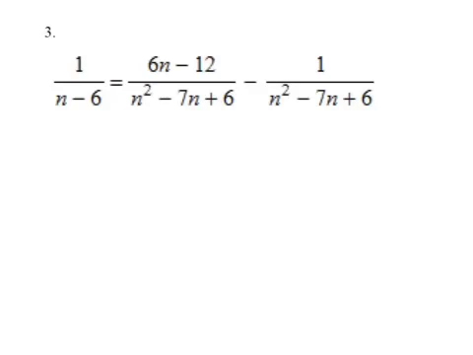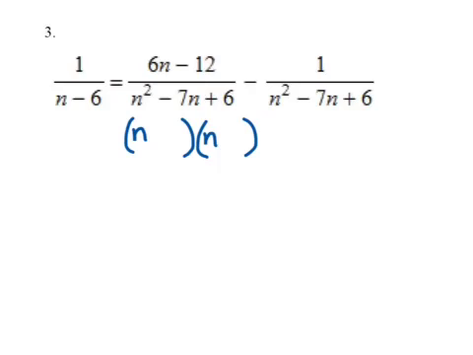So let's recall how to factor a trinomial whose leading coefficient is in the quadratic form n squared. Well, since there's only one way to factor n squared, which is n and n, we only have to consider factors of 6 whose sum is negative 7.